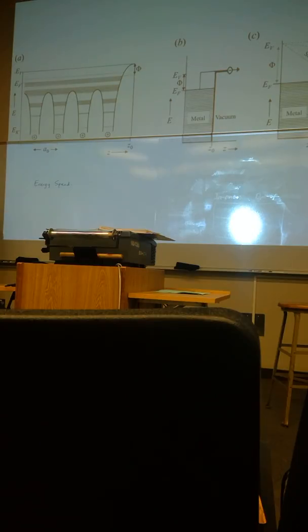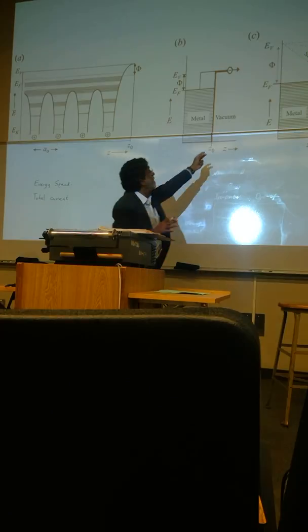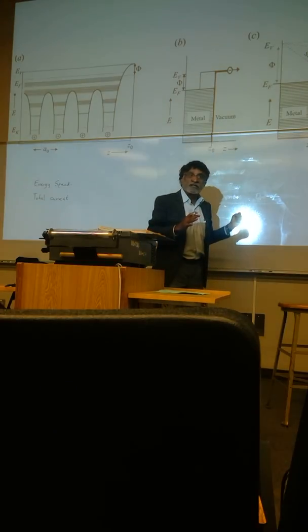If you're doing spectroscopies with the electrons, the narrower the spread, the better the energy resolution of the spectra that you collect. The second one is the current, the total current. That is the total amount of electrons that come out from the source.